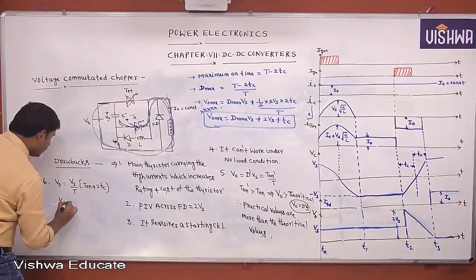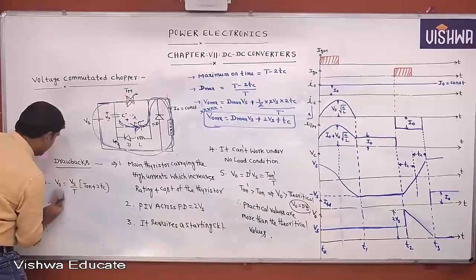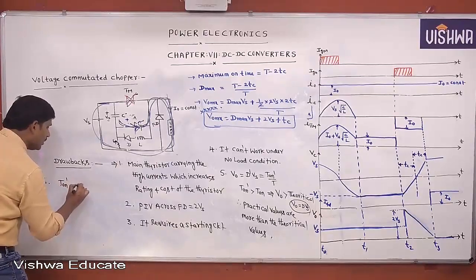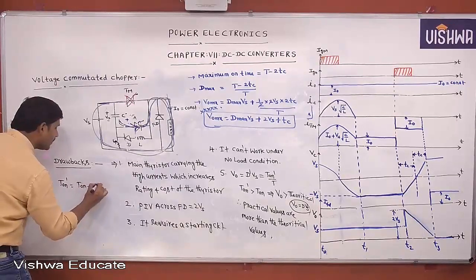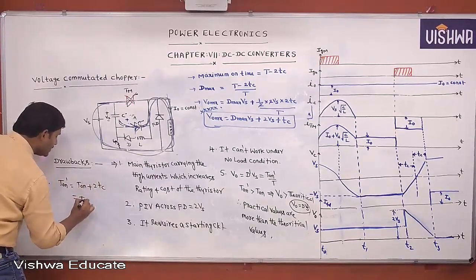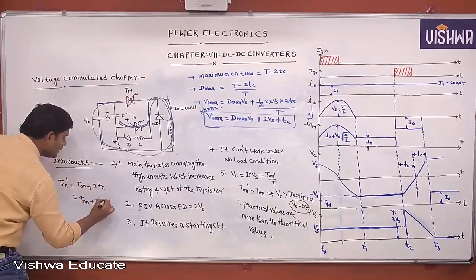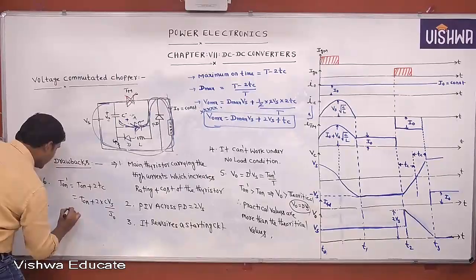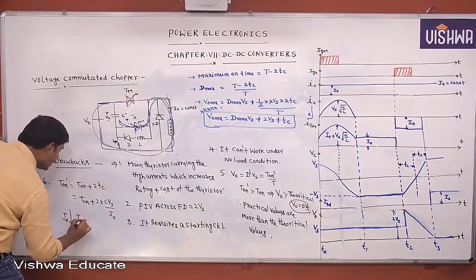Therefore, before that, I am writing Ton dash equals Ton plus 2Tc. That means Ton plus, what is Tc? CVs by I naught. If I naught is reduced, what is the Ton dash?